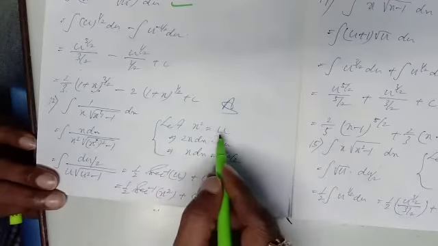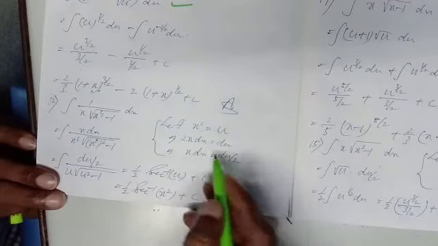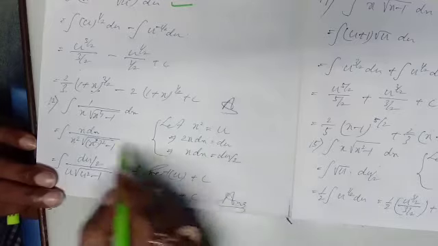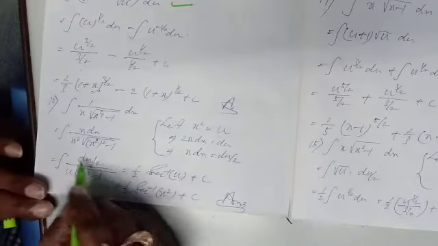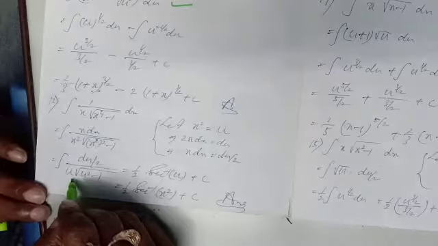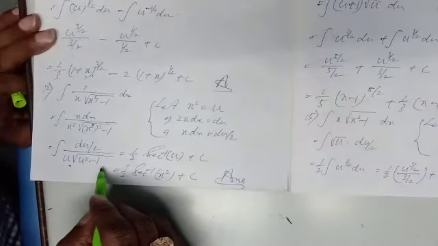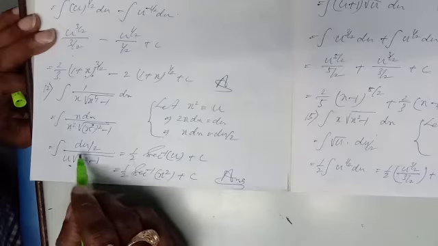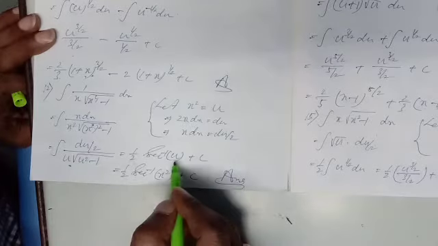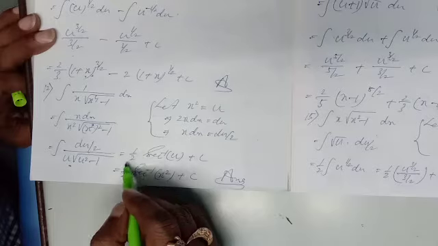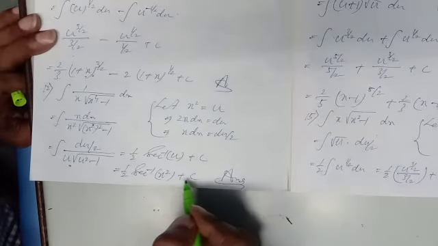Putting x square as u, differentiating both sides, this will be x dx equal to du by 2, and here x square means u and this is u square minus 1. Finally, the formula coming is sec inverse u, and half is taken outside: 1 by 2 sec inverse x square plus c.